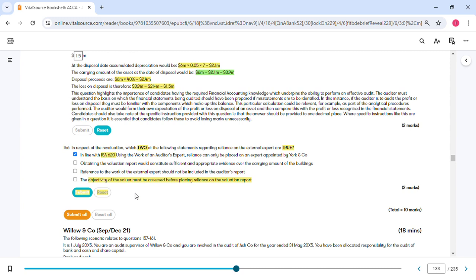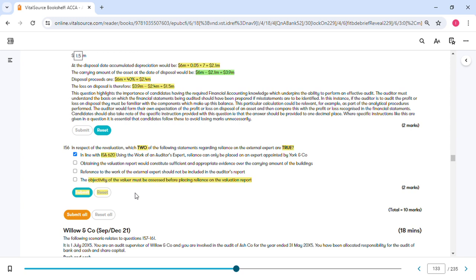But the purpose, the objectivity, why we are doing this, what the valuer must be assessed, is it right, before placing reliance on the report. It means the expert should be experienced, qualified, and neutral. The purpose is also important.